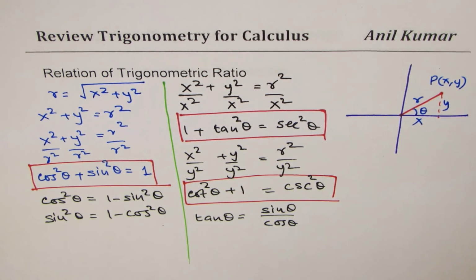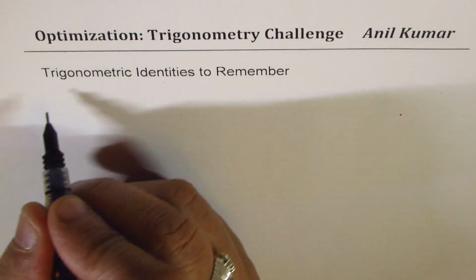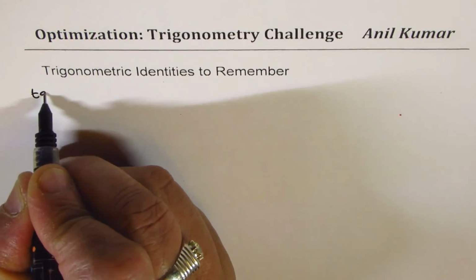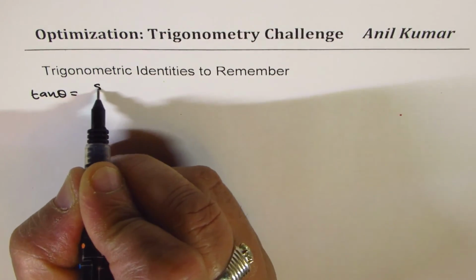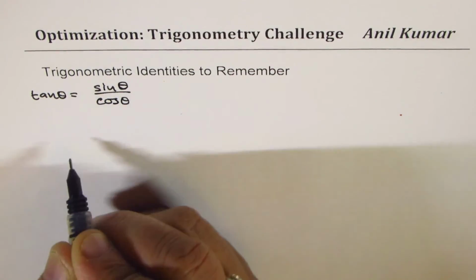Correct? So now let's move on and talk about the identities which we learned. We'll summarize these identities here. What we learned here is that tan theta is equal to sine theta over cosine theta, right?